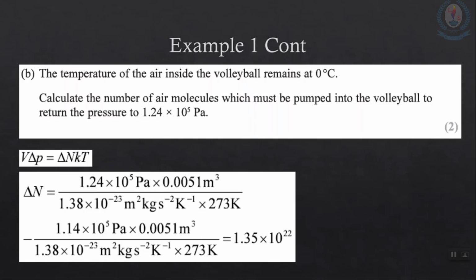That means we know that the volleyball reduced its pressure because the temperature reduced. Now we have to increase the pressure back to its normal value by putting in more molecules. We did a calculation to find how many molecules are required to be placed in, and we identified that 1.35 × 10^22 air molecules should be placed in.